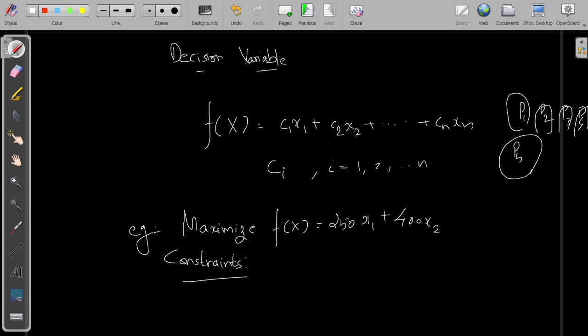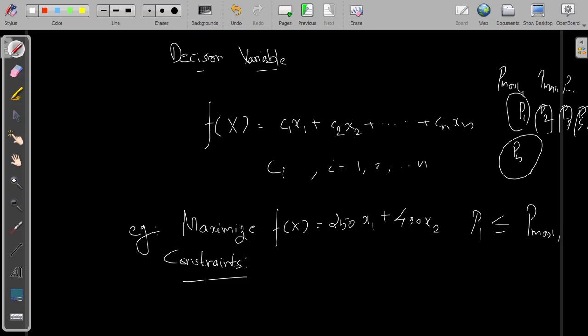Let P max 1, P max 2, P max 3 be the maximum power that can be delivered by each and every unit. In that case, the unit commitment P1 must be less than or equal to P max 1. So this is a constraint.